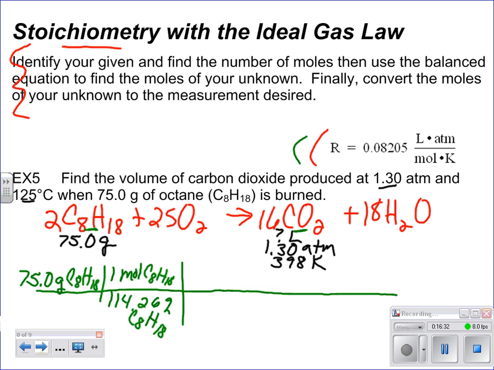Once you get it as moles of octane, you get rid of moles of octane and go to moles of CO2. This would be that step that I used to put the bubble around, and I'd say for every 16 moles of carbon dioxide, we have 2 moles of our octane. So we did that so that this cancels.